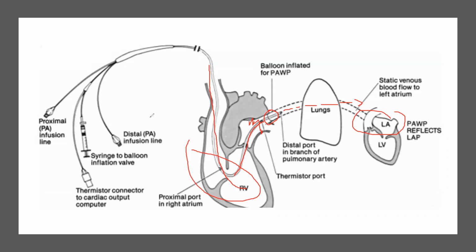Okay, so the measurement over on the right side of the heart measures preload. We understand what preload is now: the amount of volume that is delivered to the right atrium and the right ventricle. Afterload is the resistance of the output from the left ventricle.